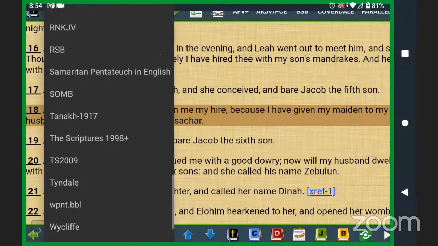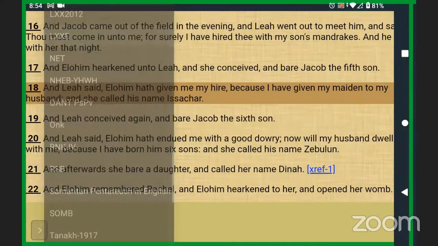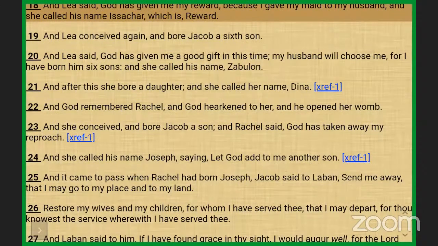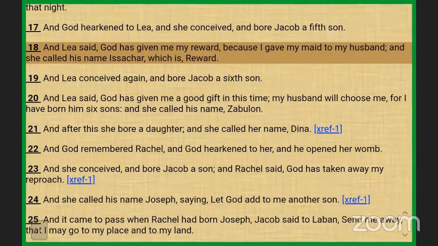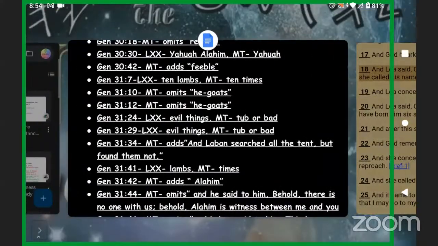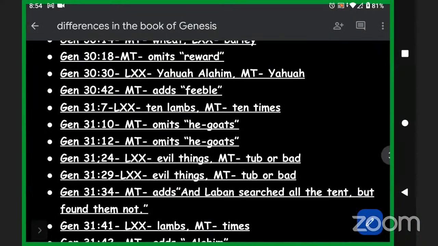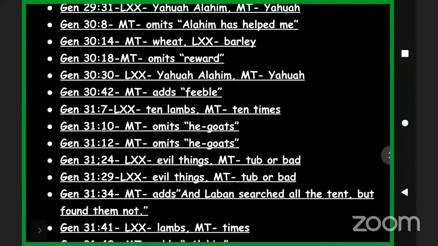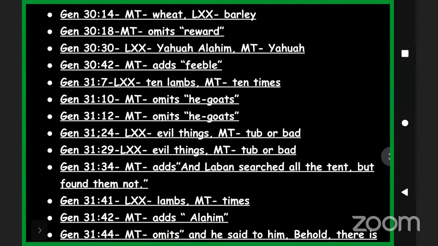Now, if you go to the Septuagint, it says, "And Leah said, Elohim has given me my reward because I gave my maid to my husband, and she called his name Issachar, which is reward." So again, for whatever reason, the Masoretes are trying to leave out the fact that Yahuwah is being thanked for these children. Leah and Rachel realize these are gifts from Yahuwah, that Yahuwah has given her the ability to give birth. So for whatever reason, the Masoretes decide, let's get rid of that.